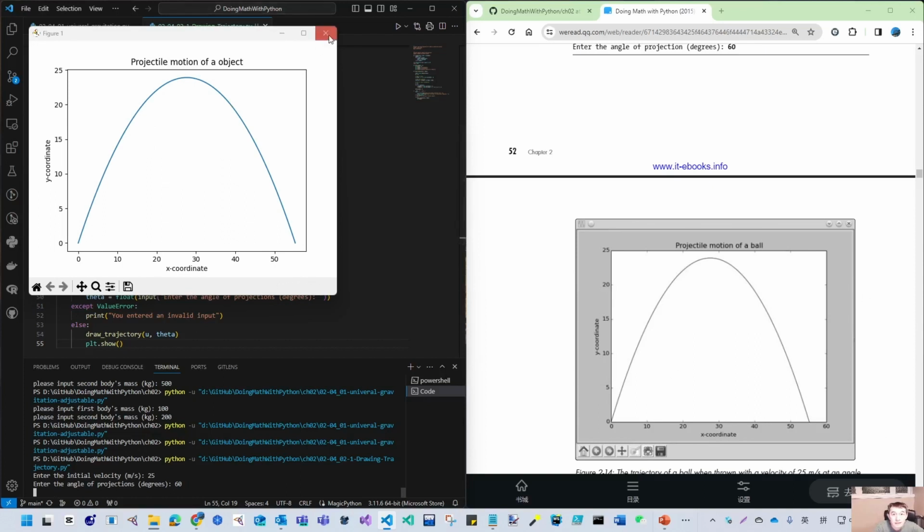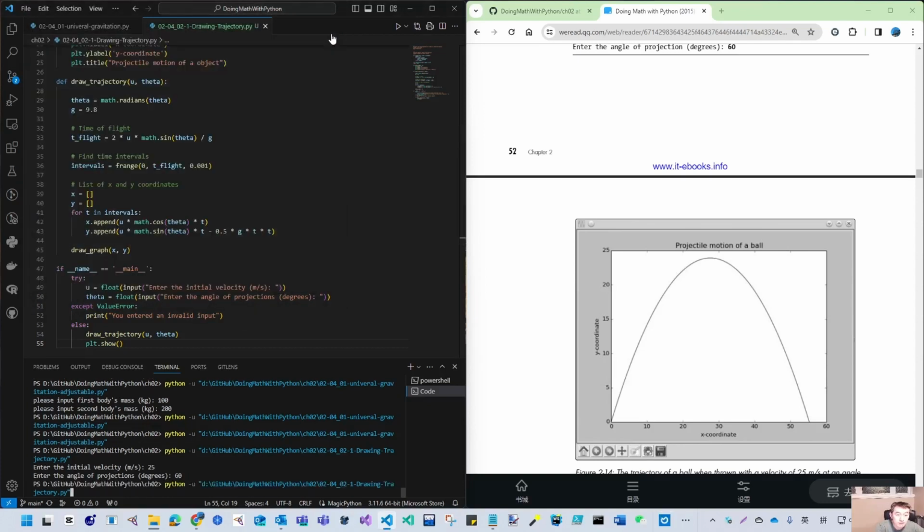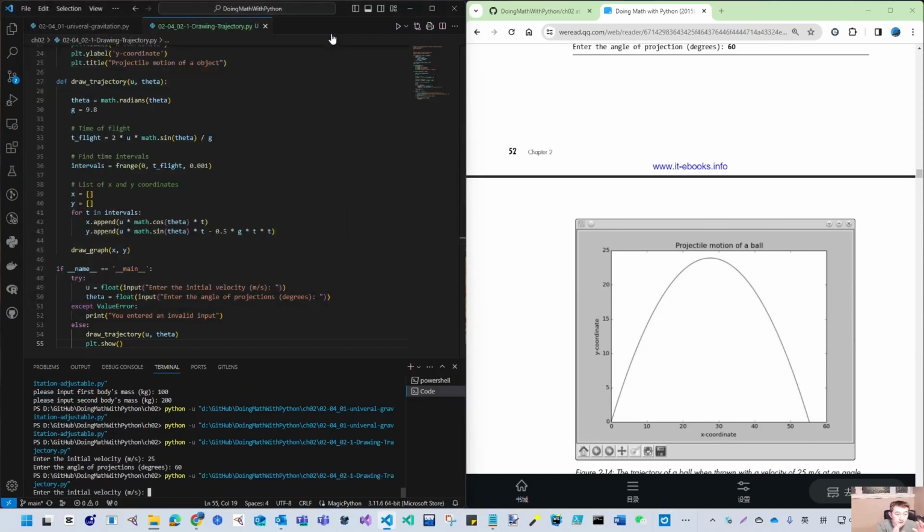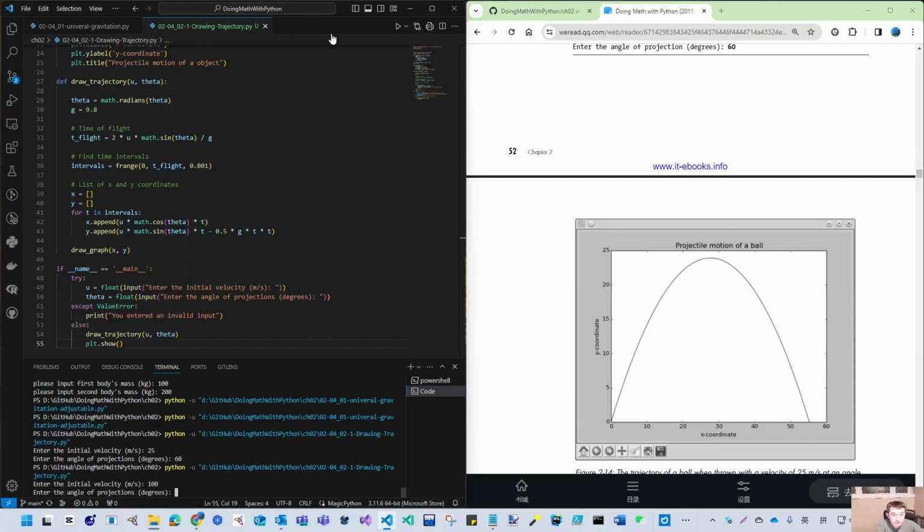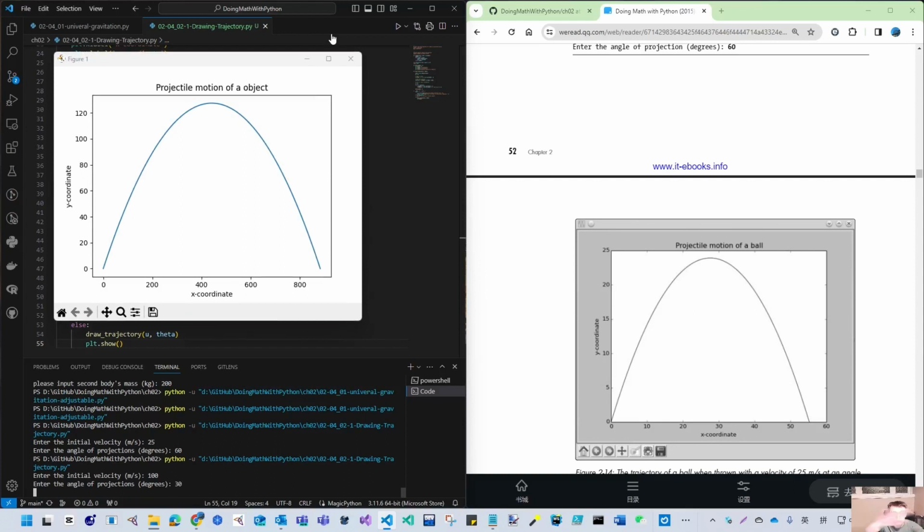And let me show here if I put in another. So if I have maybe 100, the faster, and not 60 but just half. Then you can see it looks the same, but it's because the y-axis, or y-coordinate, is in a different unit.